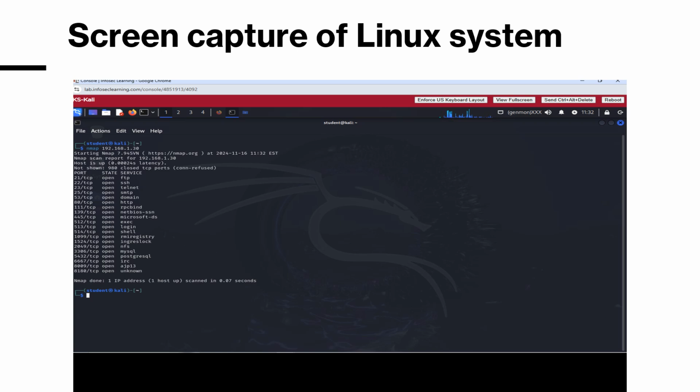Another recommendation would be to block the service Telnet, as it's considered widely unsecure. And also to close down some of these unnecessary ports, such as MySQL and Microsoft DS, just block some of these that are giving unnecessary traffic to this machine.